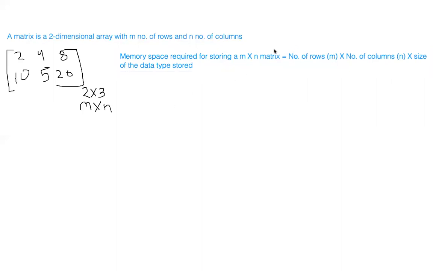Now, if our matrix is like this, so this is my new matrix, which is having 5 rows, 6 columns, and the elements are something like this.